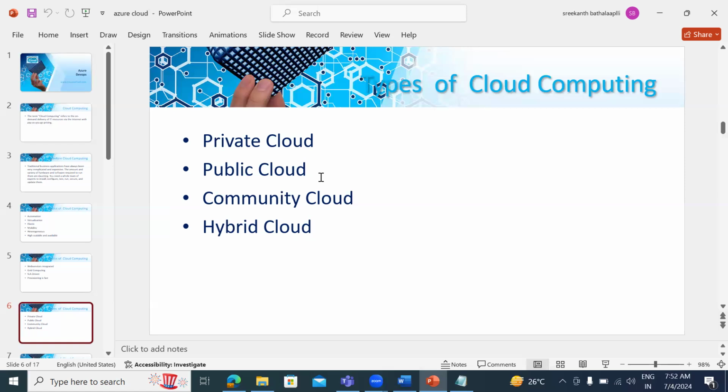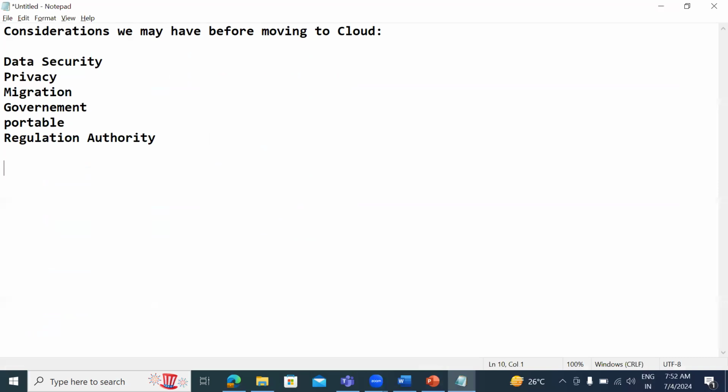So what are the products we have with the private cloud? Say in the private cloud, a company or enterprise will build a cloud. Their employees or end users can connect from their home or from the office, but it is exclusive for that company's resources itself.